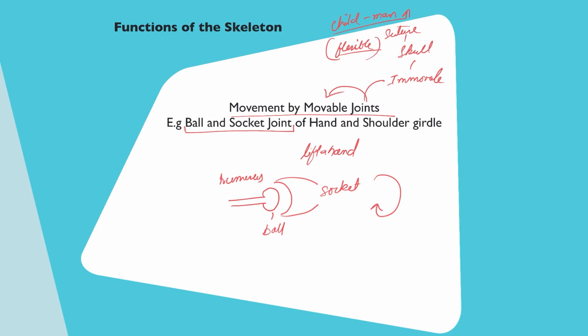Similarly, there are different kinds of joints in your body. We have the hinge joint, right, in the elbow region, that allows us to lift objects. So these joints allow movement around our body.